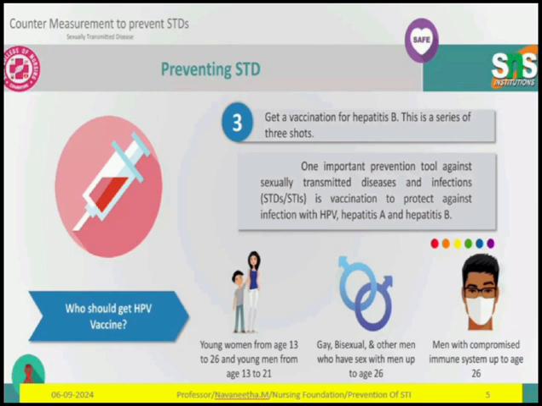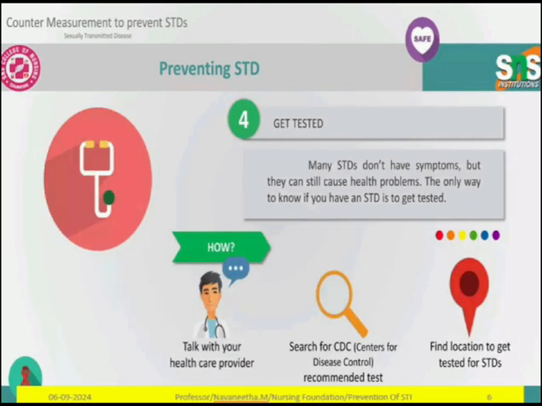Young women from age 13 to 26, young men from age 13 to 21, and also gay and bisexual people and other men who have sex with men up to age 26. Men with a compromised immune system up to age 26 should definitely go for the HPV vaccine.